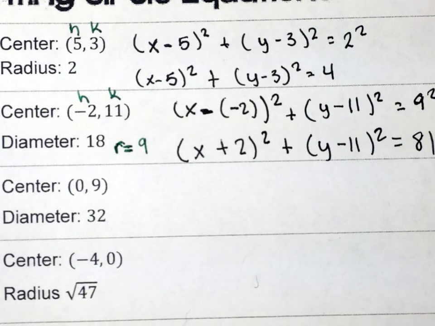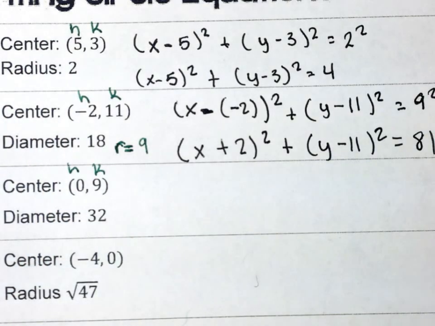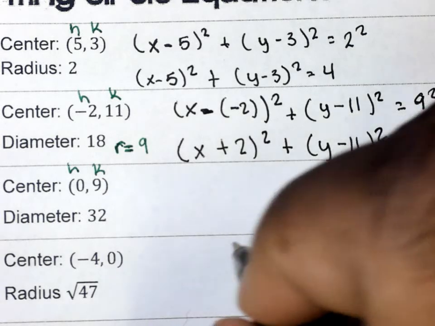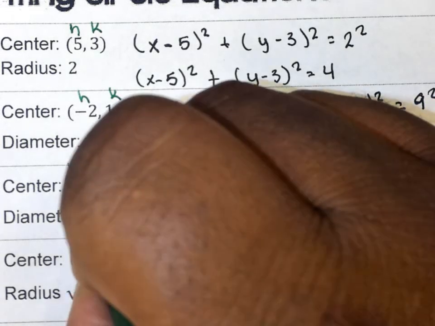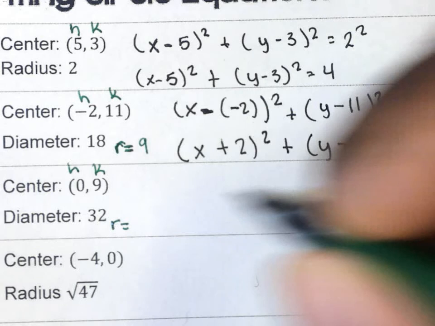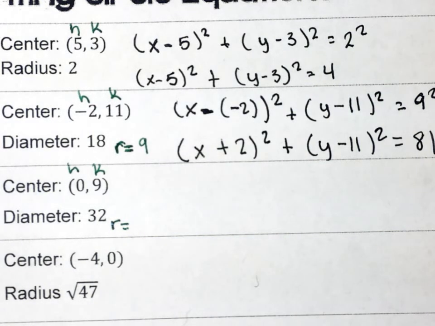Next one. (h, k) is my center. It's my radius, Reese.